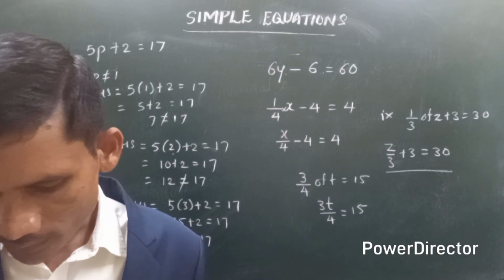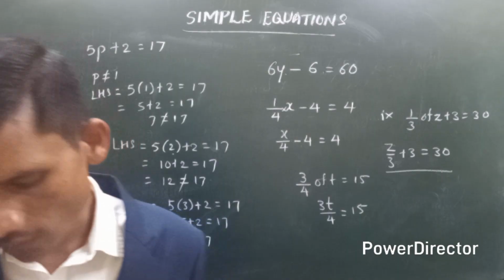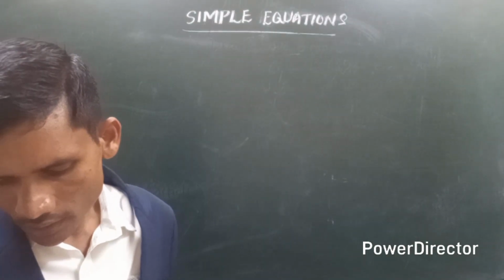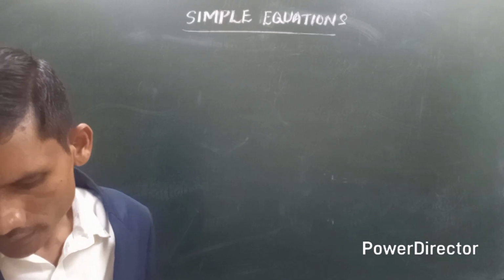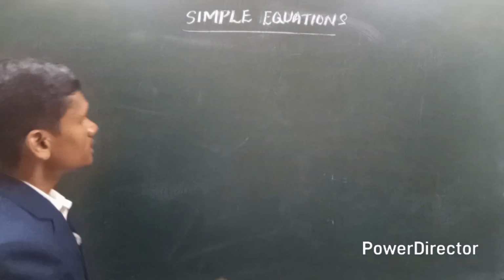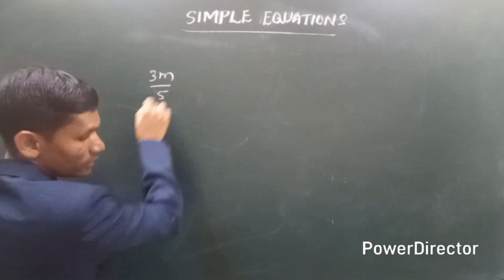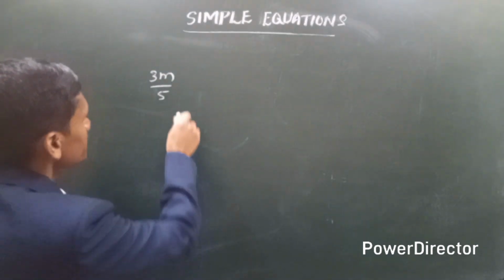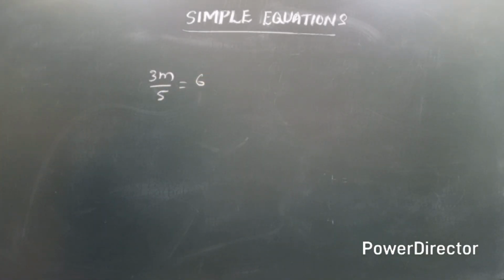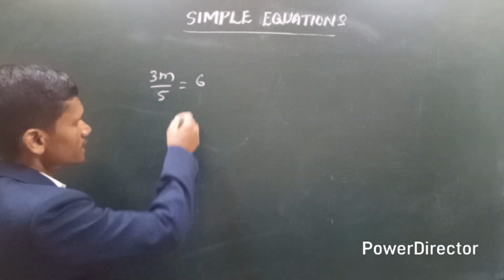Next, coming to the fifth main question, they are asking to write the following equations in statement form. How to write? I will show you examples. Here, one or two I'll take. 3m by 5 is equal to 6. How to write this in statement form? 3 times m divided by 5 gives 6.